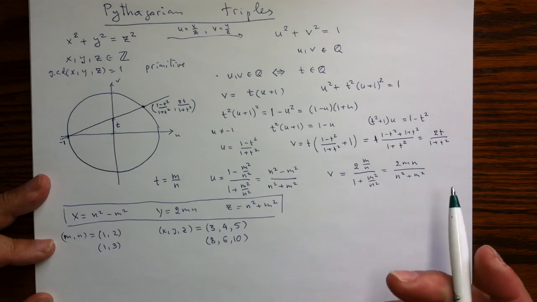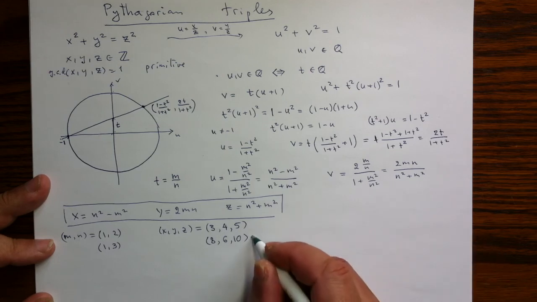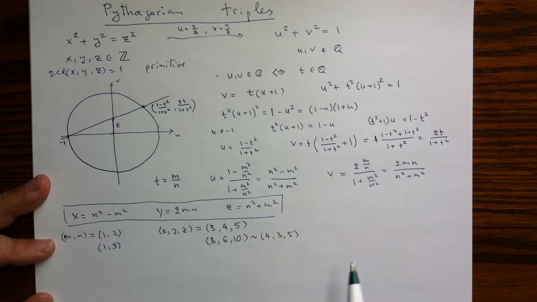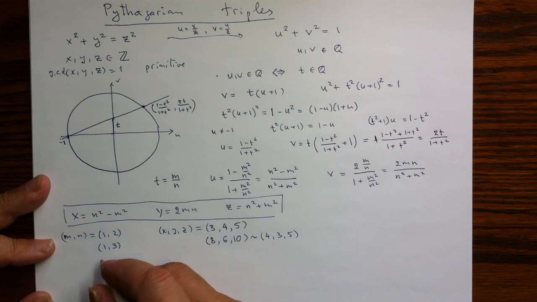And that is not a primitive triple, that is reducible down to 4, 3, 5. And we recover almost the same as this triple up to swap of x and y, which is of course a freedom for Pythagorean triples we can always employ.